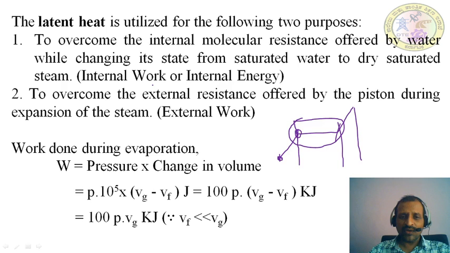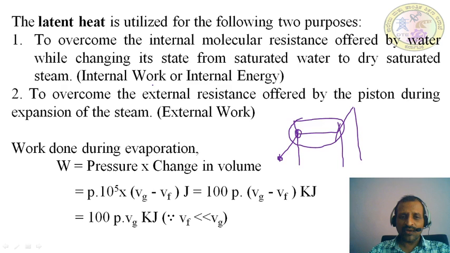So during evaporation, Vg minus Vf, where Vf is the initial volume of the water. How much water you have taken in the cylinder, that volume is Vf. Vg is the volume after expansion, after evaporation the volume increases.